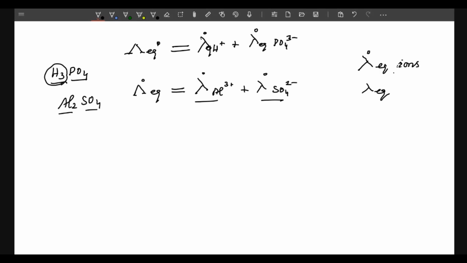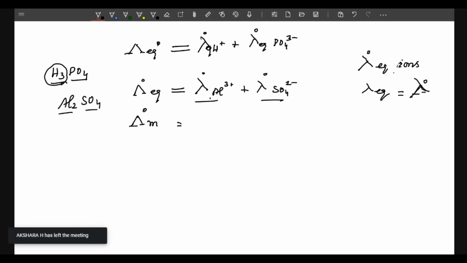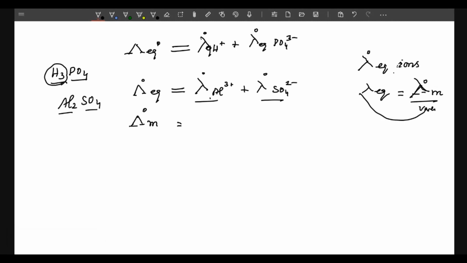If the equivalent conductance is given and you are asked to calculate the molar conductance, the valence factor you have put would go upward, and then you can easily calculate this one. Okay, this is the way you can view the relationship.